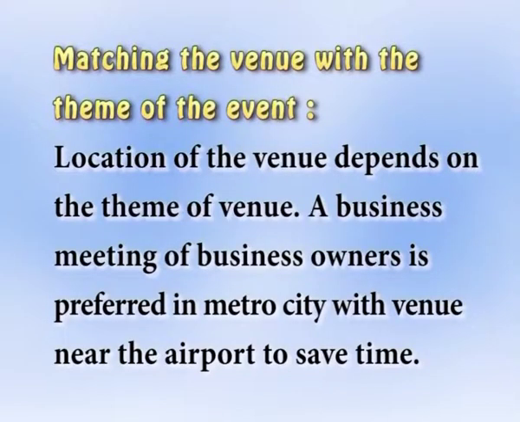Matching the venue with the theme of the event. The location of the venue depends on the theme of the event. A business meeting of business owners is preferred in a metro city with a venue near the airport to save time.